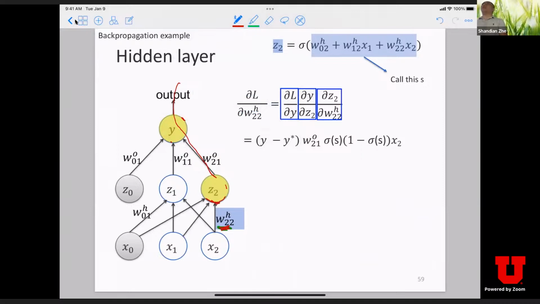And what about the general case? Let us formalize this to a more general case.